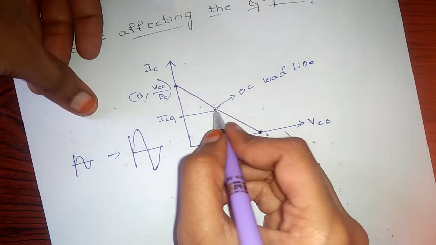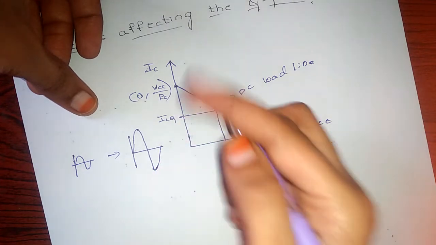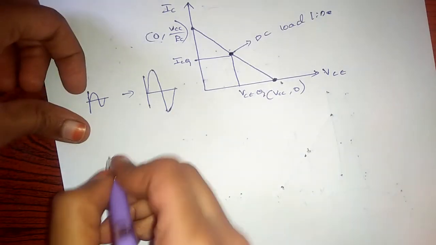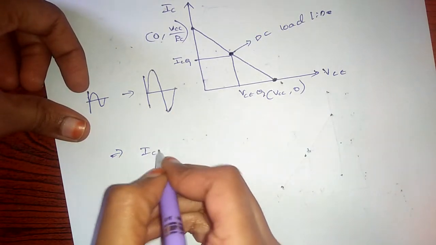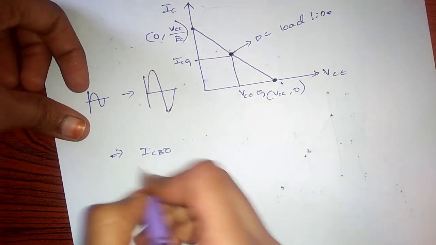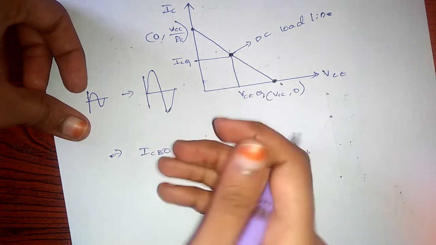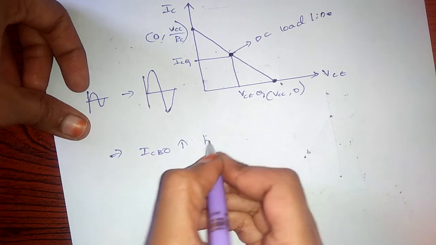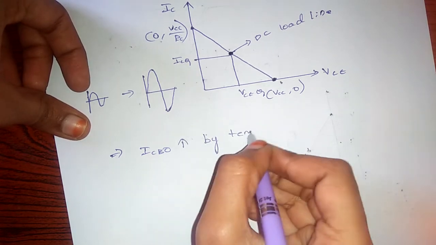In which way do these Q points shift upwards and downwards? We have three factors. The first is ICBO, the minority charge carrier current flowing in the transistor, which is increased by temperature.